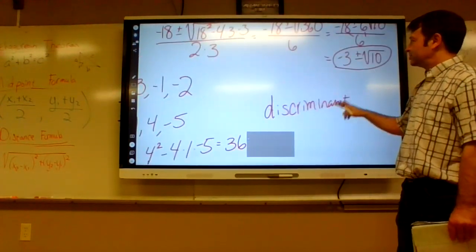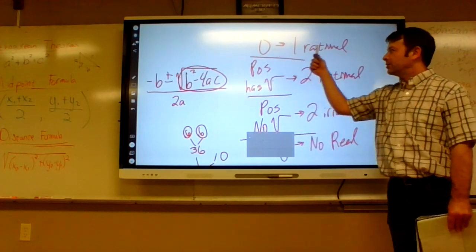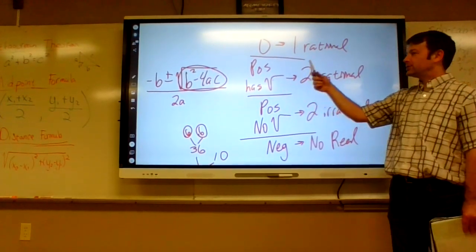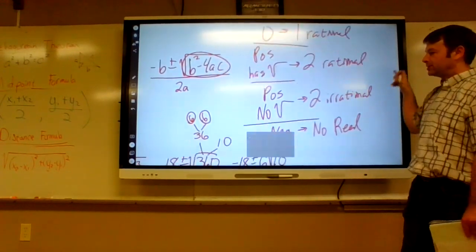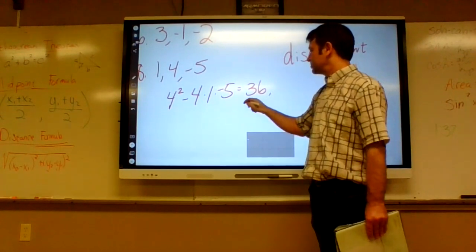So is that number 0? Scroll way back up here. No, it's not one rational. Is it positive and has a square root? Yes, so it's 2 rational. So put 36 comma 2 rationals.